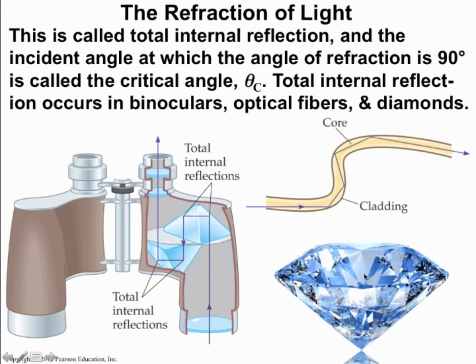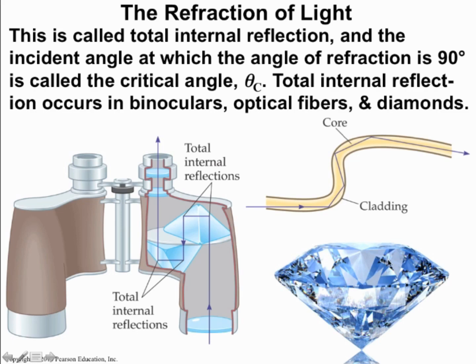The most spectacular example, I think, of total internal reflection is the diamond. So the diamond has a very high index of refraction. It's about 2.4, and that means that light is traveling at almost half its speed within the diamond. And so what happens is that although some light will leak out of the diamond, as light always leaks out of transparent things, there's also light that gets trapped in there.